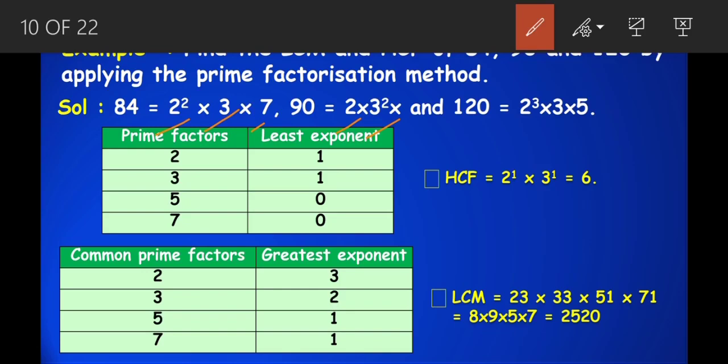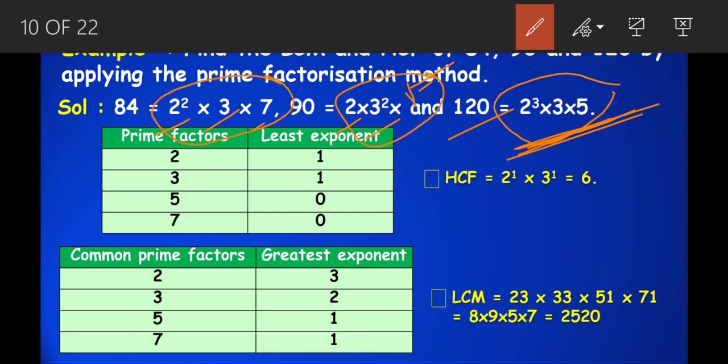Actually one number is missing here, children. 5 should be there. 2 into 3 square into 5. And 120, 2 cube into 3 into 5. Like that we have written in terms of prime factors.